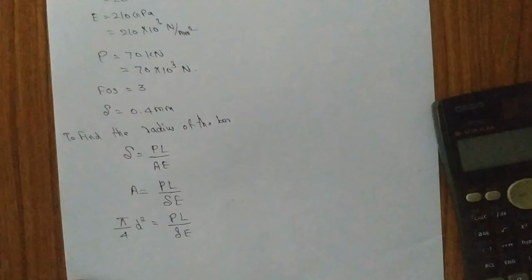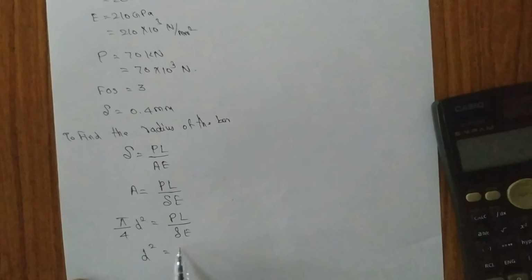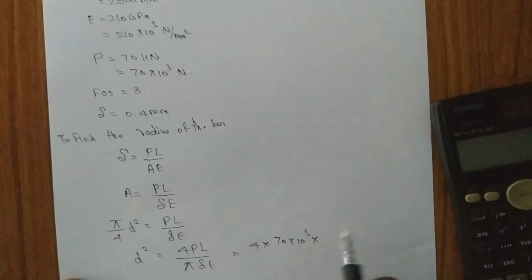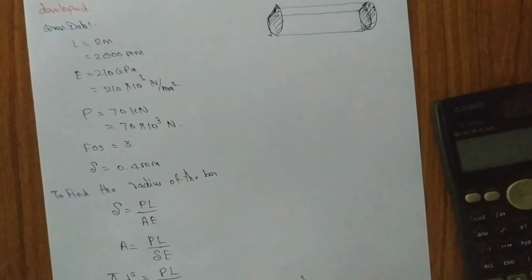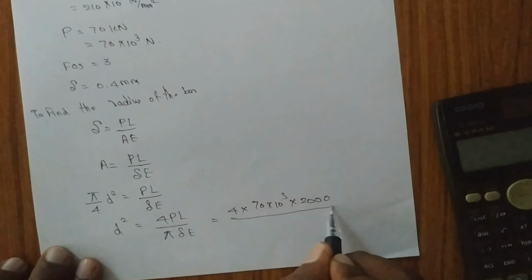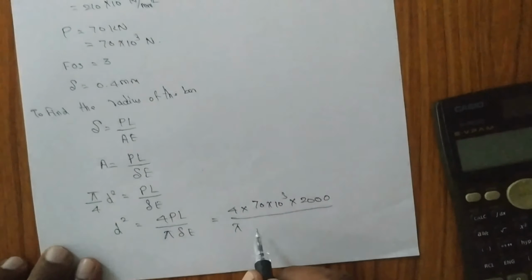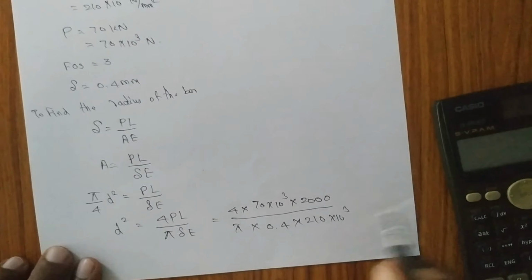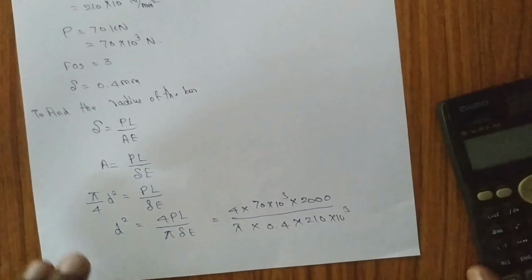We need the diameter, so diameter squared equals 4 PL by pi delta E. The P value is 70 into 10 to the power of 3, L is 2000, all units in mm, divided by 3.14 into change in length 0.4 into Young's modulus 210 into 10 to the power of 3.